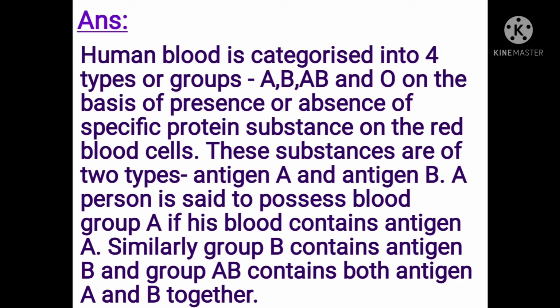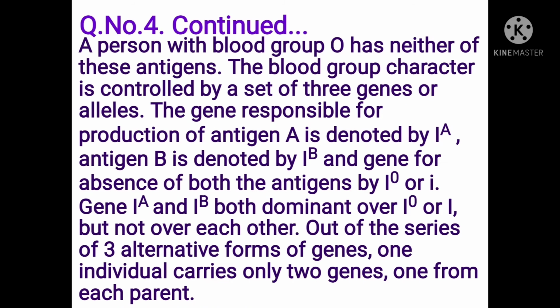A person is said to possess blood group A if his blood contains antigen A. Similarly, group B contains antigen B, and group AB contains both antigen A and B together. A person with blood group O has neither of these antigens. The blood group character is controlled by a set of 3 genes or alleles.